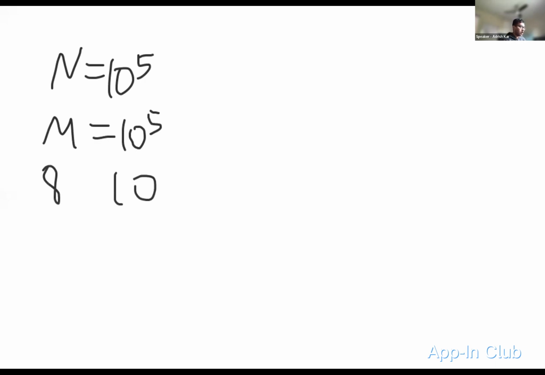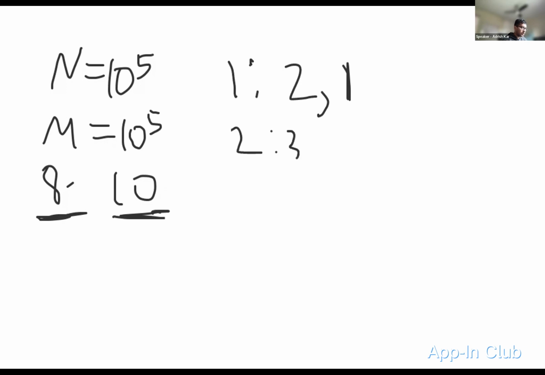So in this sample input, there are n different cows and 10 different types of cereal. And each of these n cows has a 2-element list of preferences. So we have 1 likes 2, this is the first favorite cereal and this is the second favorite cereal. So I'll just rewrite it over here.